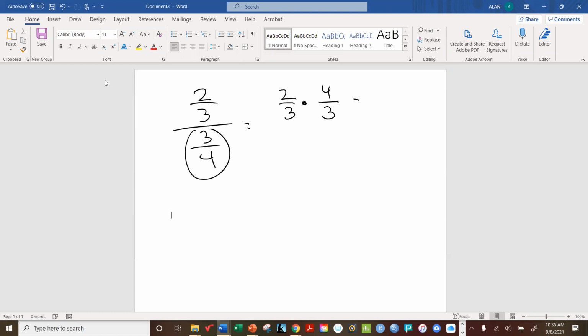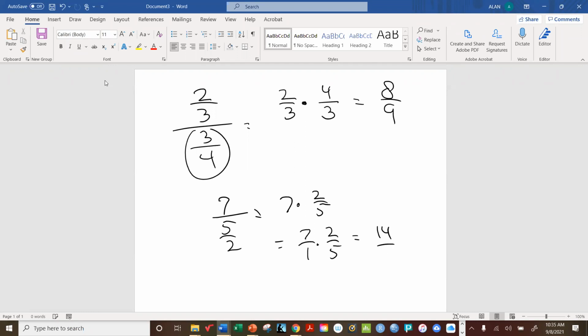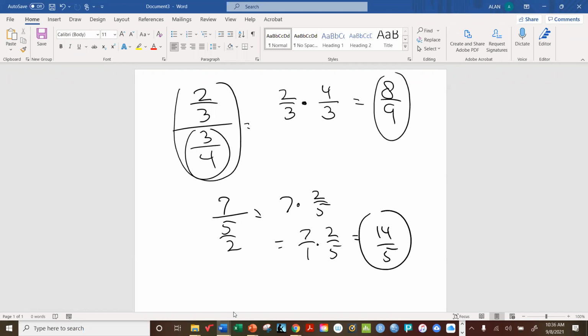And so now I end up with 8/9. Or if I have something like this, I can rewrite this as 7 times 2/5, where it's understood that 7 is the same as 7/1. And now I can write this as 14/5. So this is an interesting result, because now this catastrophe turns into something pretty nice.